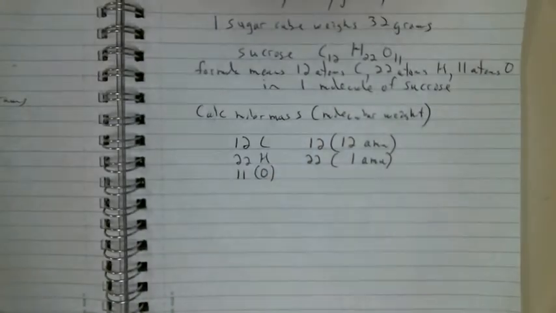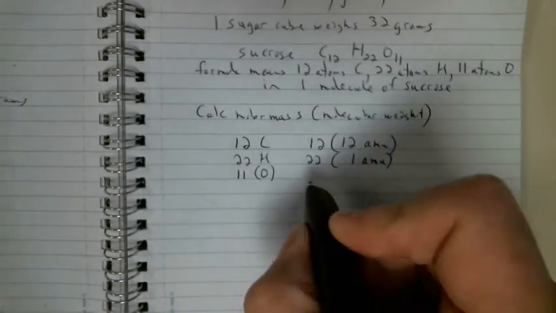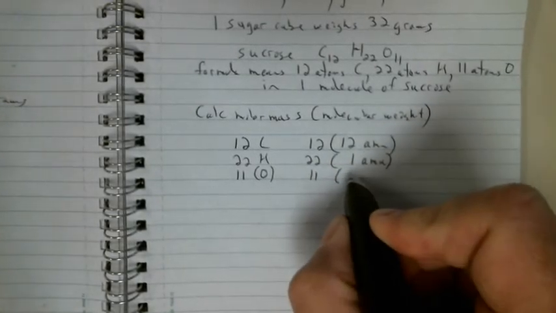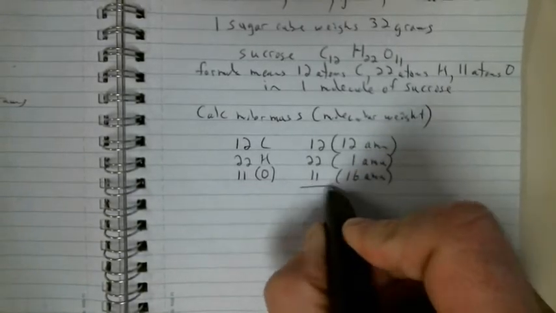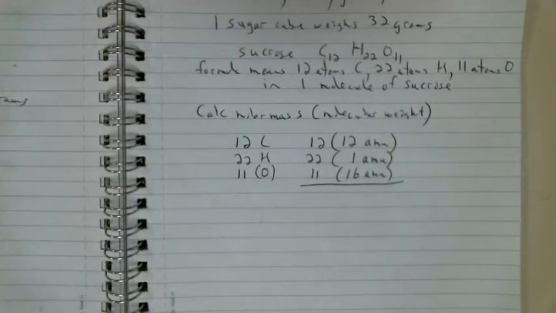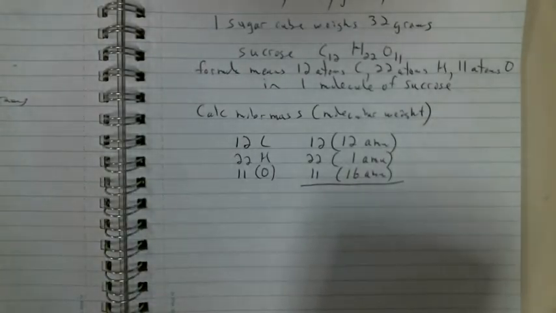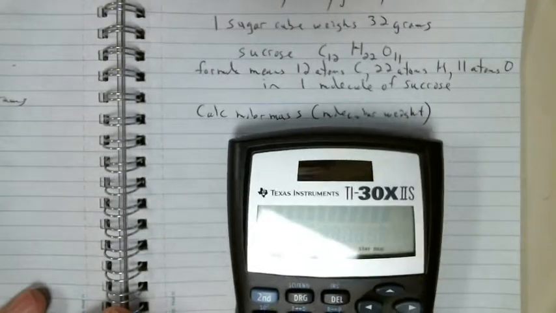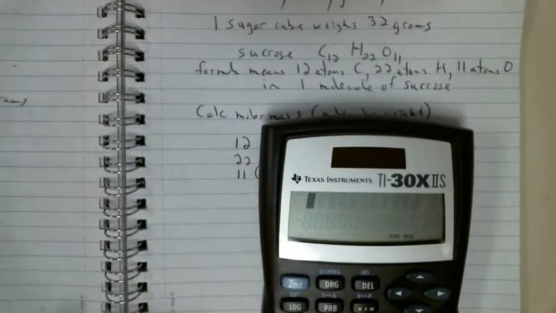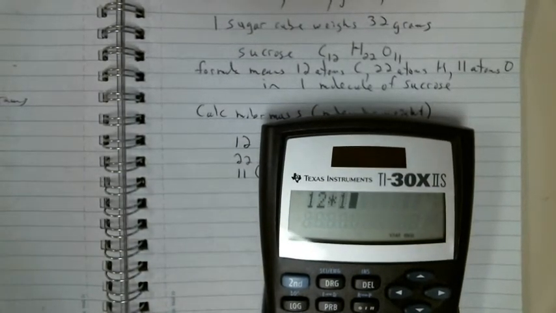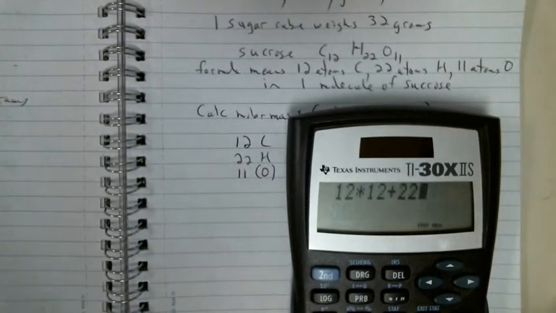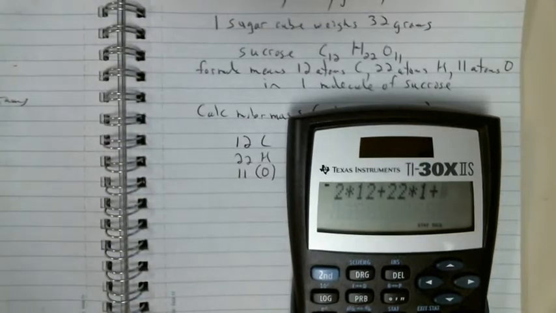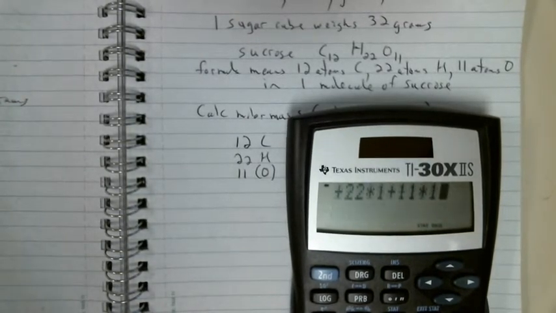I usually put oxygen in parentheses, otherwise it looks like a number when you're printing it. So that would be 11 times the mass of oxygen, which is 16 AMU, the average mass per atom. And then we'll just do this quick. 12 times 12 for the carbons, plus 22 times 1, plus 11 times 16.